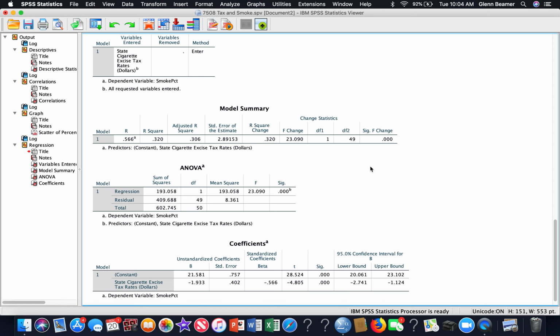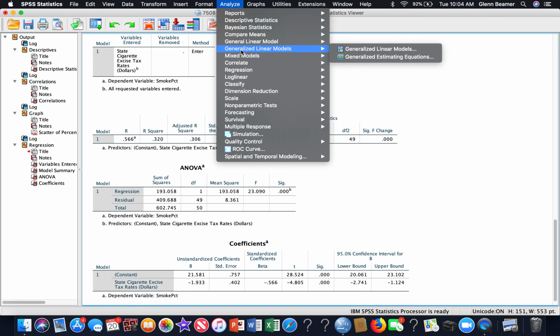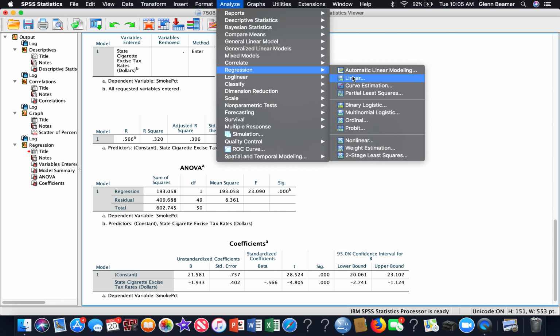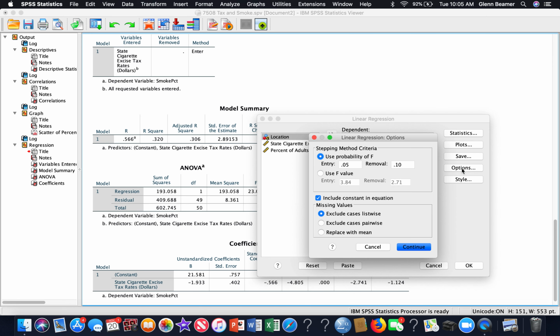There is another feature that I forgot to put in here, so I'll do it in a second one, which is if you go to Analyze and then Regression, we can actually do the predicted values I asked you for as well. Options. That was not what I was thinking it was.